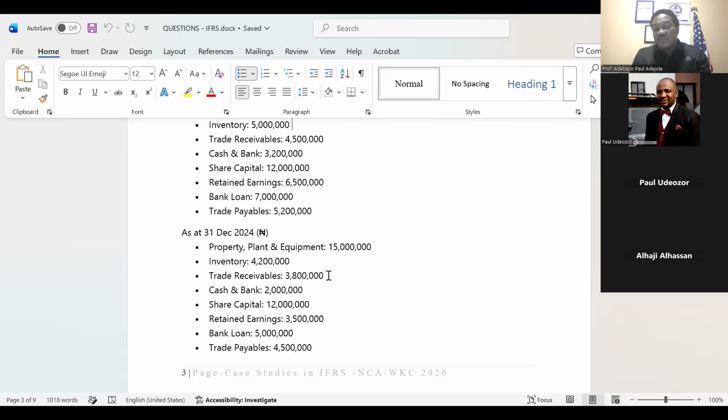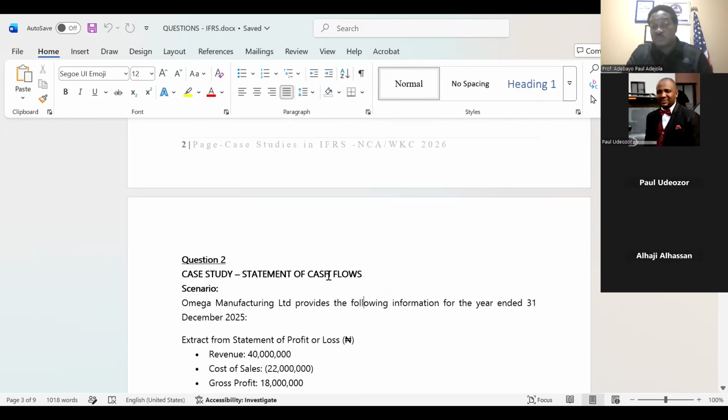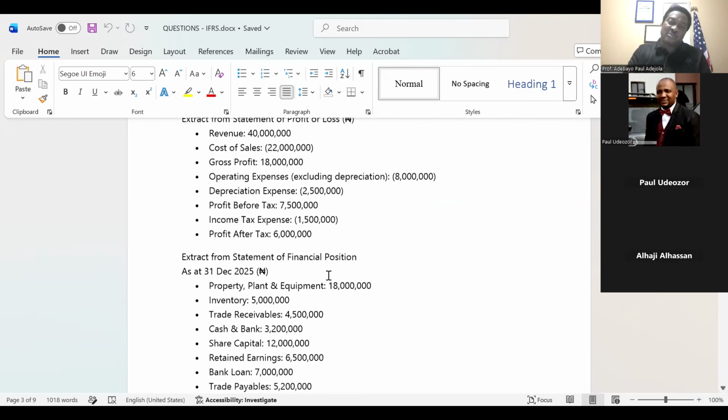But if I am given a summary of cash book, and in that cash book I see receipts from customers, cash received from them, then payment to creditors, I will know that the examiner wants me to prepare the statement of cash flow using the direct method. So any question where they give you profit before tax and you are asked to do a statement of cash flow, it is the indirect method.